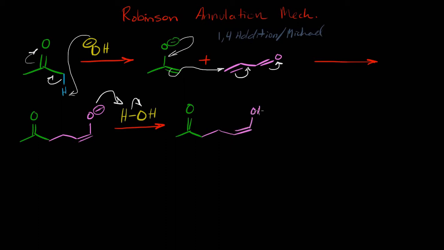So we have our enol formed, which is great. And now, what do we have in solution? We have hydroxide. And so any guesses to what we're going to do? Just going to tautomerize. So I'm going to write on the bottom here, tautomerize.